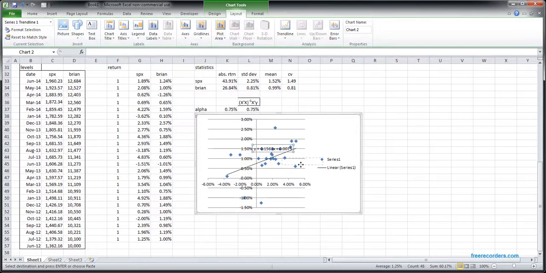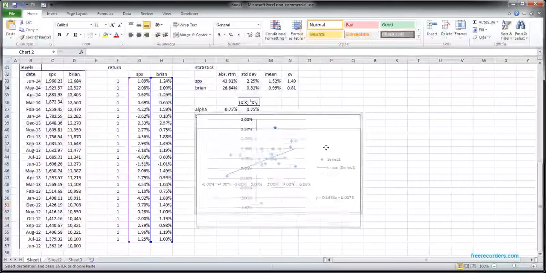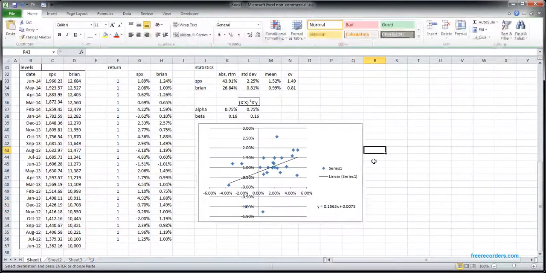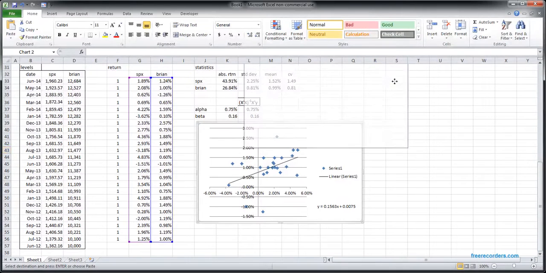And it always puts it right in the middle, but let's drag it over and show you here that these numbers are the same as these numbers. So we have an alpha of 0.75% and we have a slope of 0.16, or a beta.